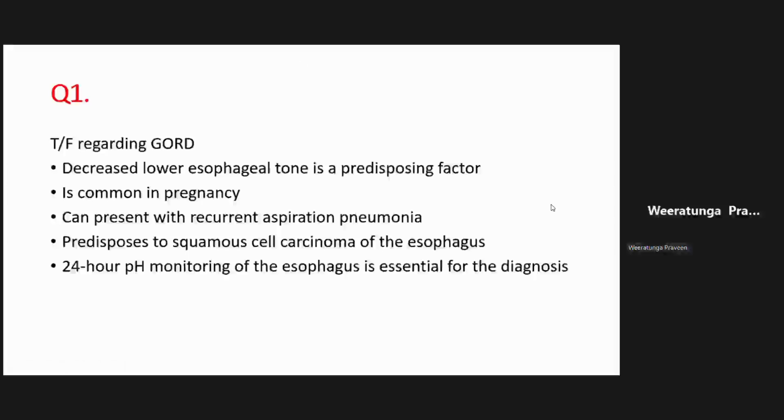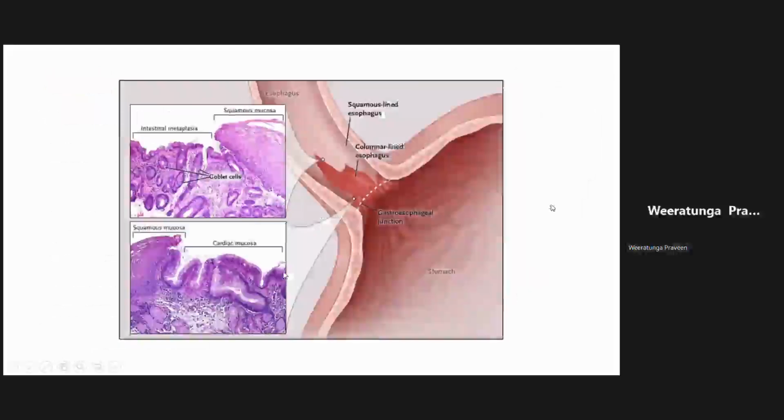Now, the last thing is also important to appreciate. 24-hour pH monitoring of the esophagus is not essential for diagnosis. You can diagnose gastroesophageal reflux predominantly clinically, using the clinical manifestations.